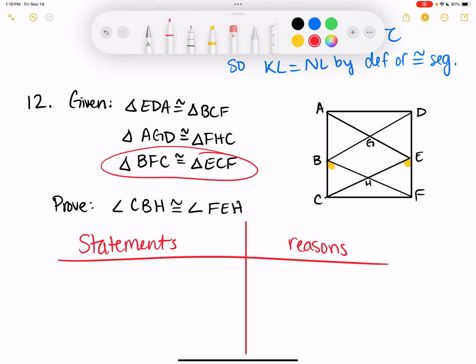So this is this big triangle here and this big triangle here, that I'm looking at. First thing is triangle BFC is congruent to triangle ECF because that's given information. And I want to prove that this angle is congruent to this angle.